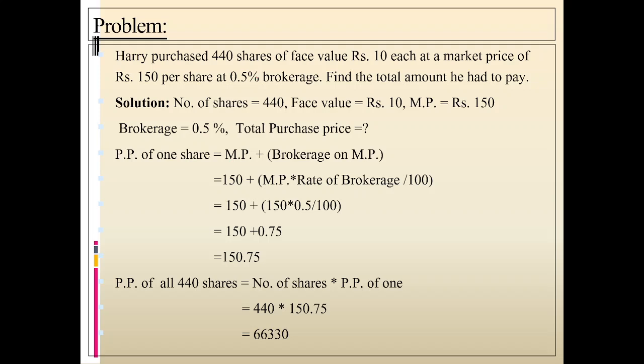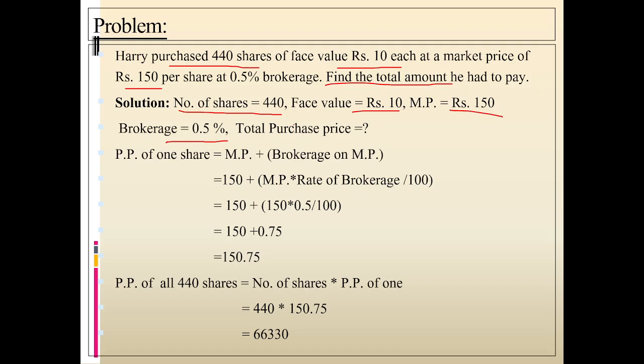Now, Hari purchased 440 shares of face value rupees 10 each at a market price of rupees 150 per share at 0.5% brokerage. Find the total amount he had to pay. Here the number of shares is 440, face value rupees 10, market price 150 rupees, rate of brokerage 0.5%. We have to find the total purchase amount.